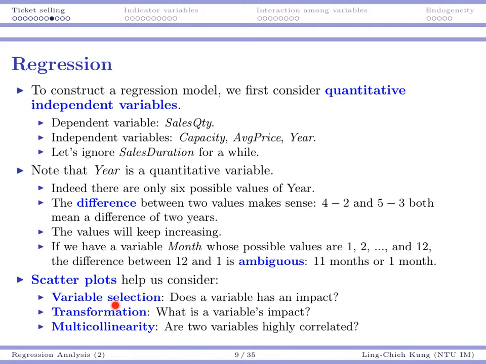If a variable actually has no impact on the y variable, we probably should ignore it. Transformation: what is the variable's impact? We probably need to do some nonlinear stuff. Multicollinearity: we want to know whether 2 variables are highly correlated. If that's the case, we probably only need one of them.